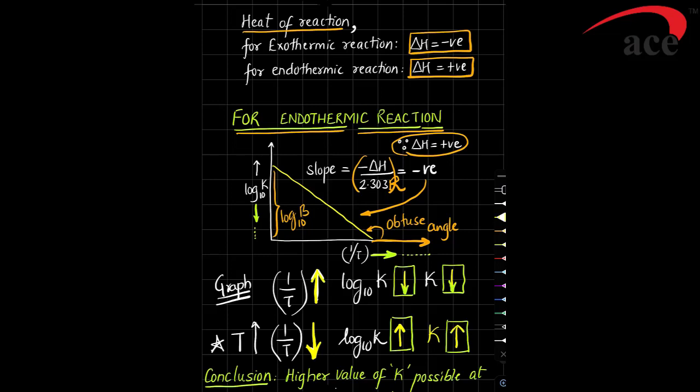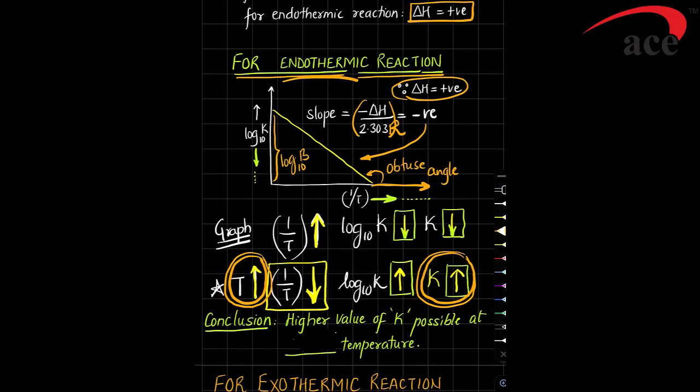That means K value will increase. If 1 by T is decreasing, that means temperature is increasing. So the conclusion for endothermic reaction is, as temperature increases, K increases.